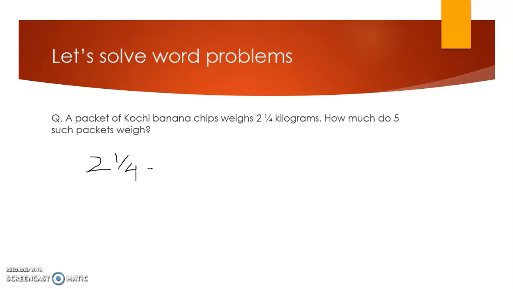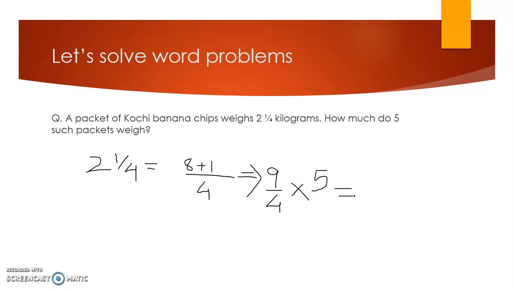1 by 4, we can represent it as 4 into 2, 8, 8 plus 1, 9 upon 4. Okay, 9 upon 4 is the weight of one packet. So we multiply it with 5, because we need to know the weight of 5 packets.